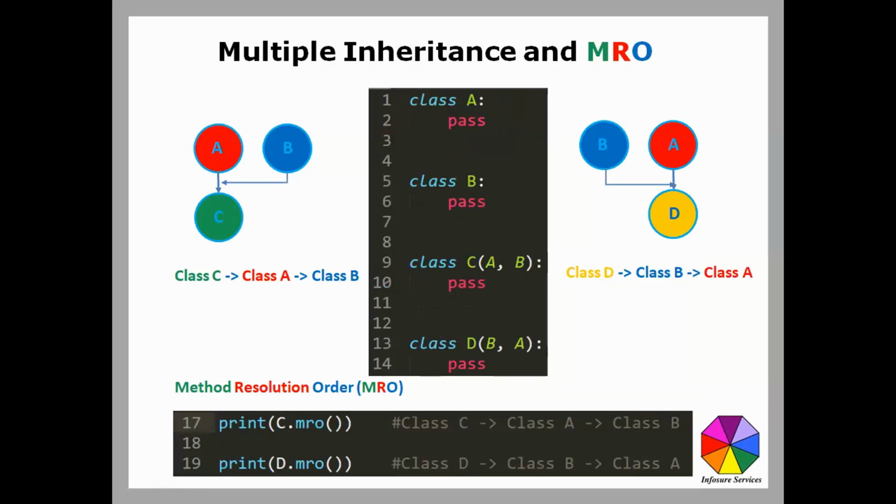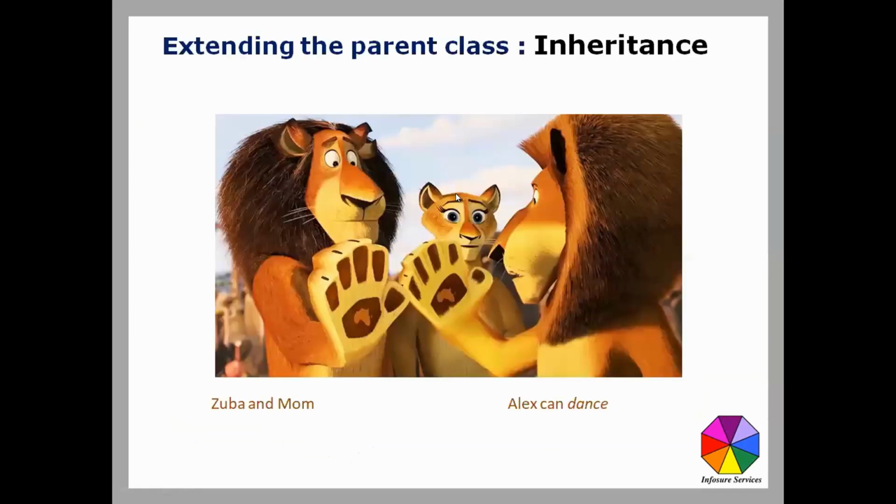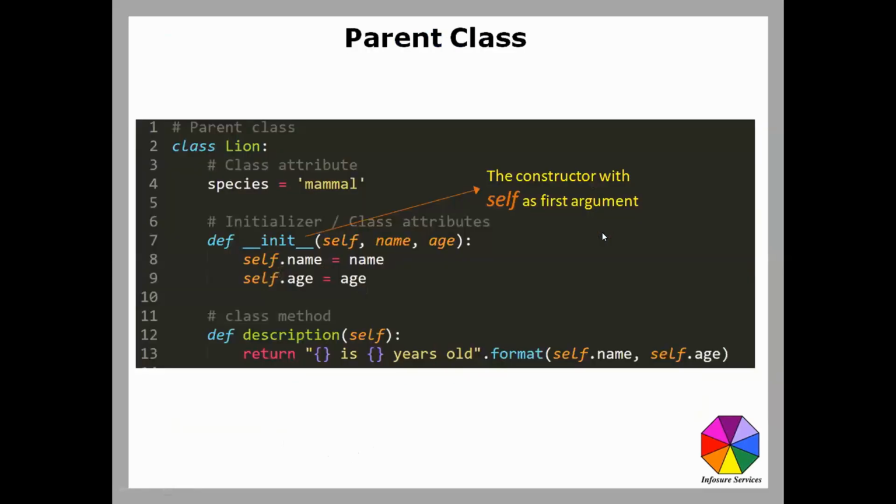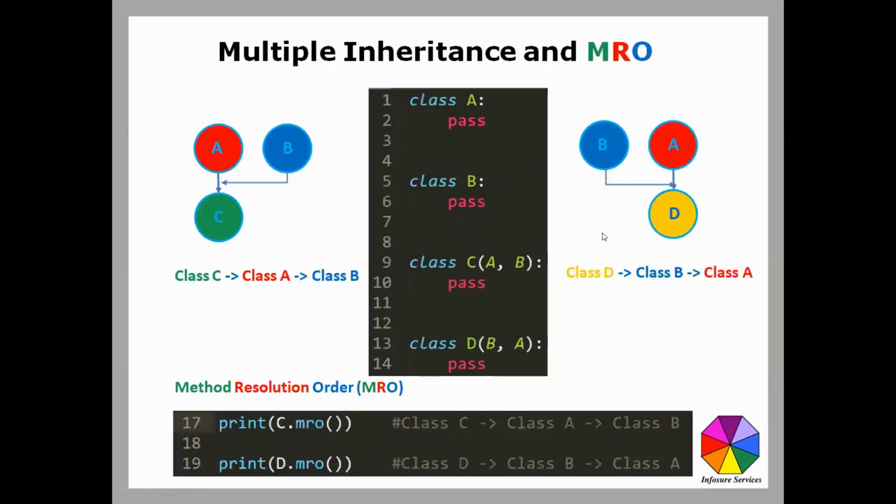Now, before we go to multiple inheritance, just one slide here. There can be multiple inheritance like this. Here in this picture, we are seeing Alex has got a father and a mother, so there are two parent classes.